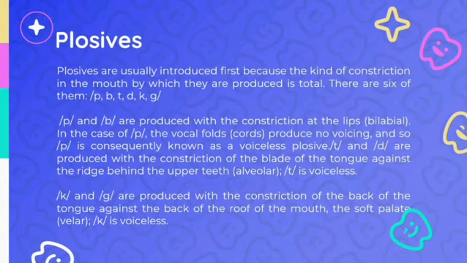T is voiceless. K and g are produced with the constriction of the back of the tongue against the back of the roof of the mouth, the soft palate, or velar. K is voiceless.